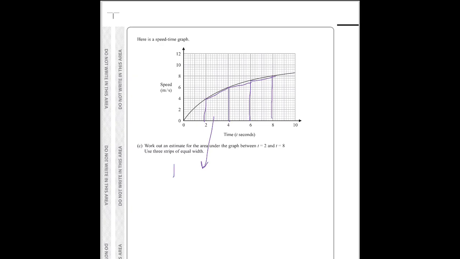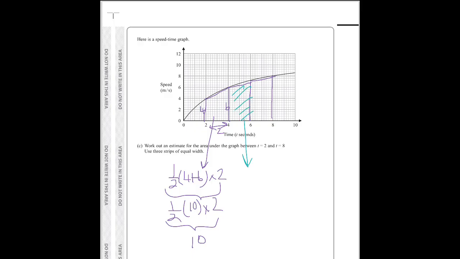So remember, it's half of a plus b, which is the parallel sides. So this would be 4 and 6, multiplied by the length between them, which in this case is 2. So it's half of 4 plus 6 times by 2. Again, do BIDMAS here. Half of 10 times 2, the half and 2 cancel each other out, don't they? So you get 10. Same idea with this one.